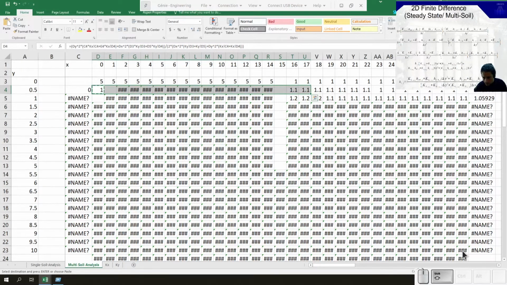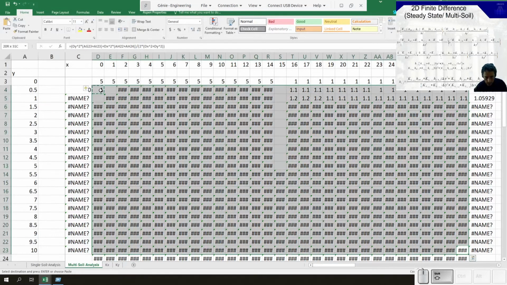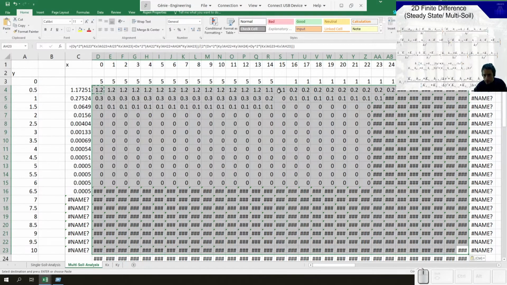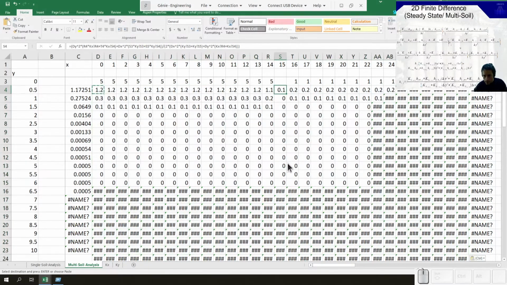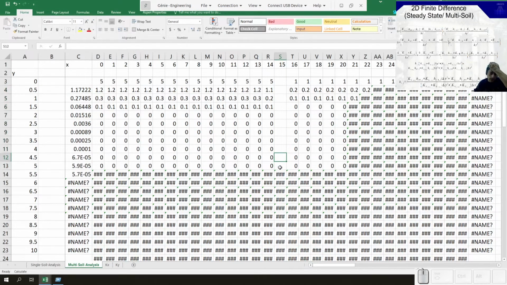We don't want to overwrite them. We'll remove whatever is in this area, which was our node.